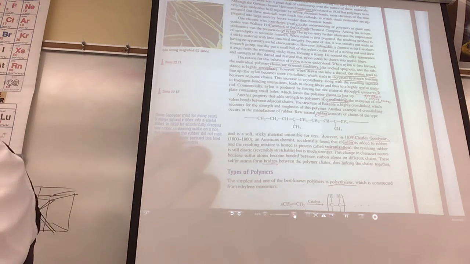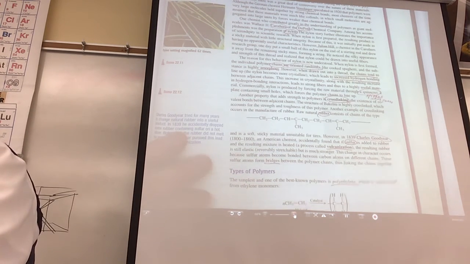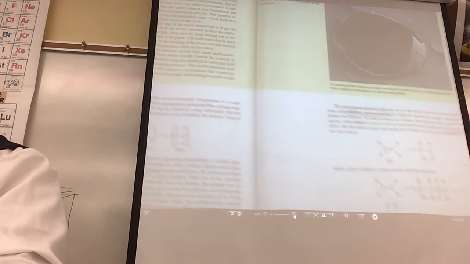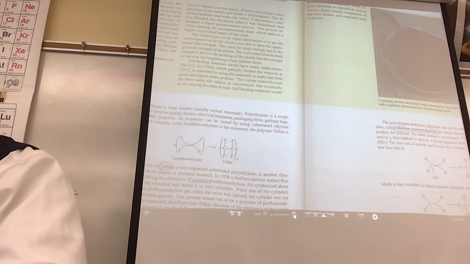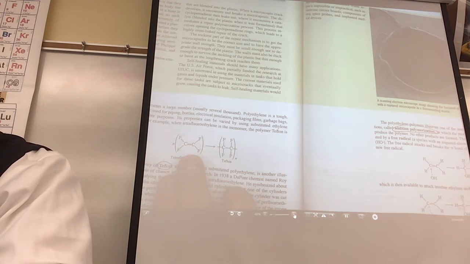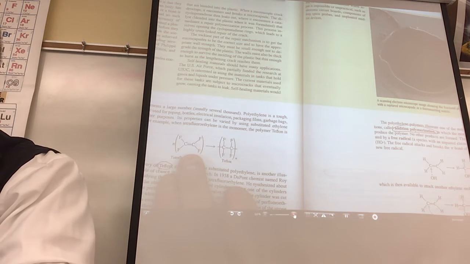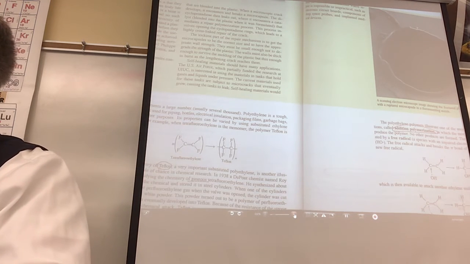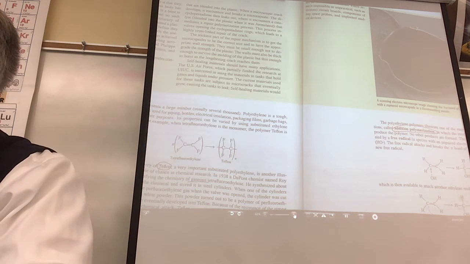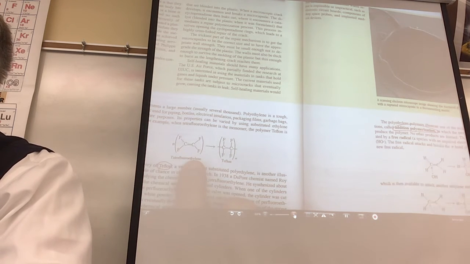All right, so let's talk about this again. One more brand name. Here we go, another brand name. Not Goodyear, but we'd already talked about this. This one would have been ethene or ethylene, but they substituted fluorine atoms for the hydrogen atoms. And we talked about this in organic chemistry number 1.